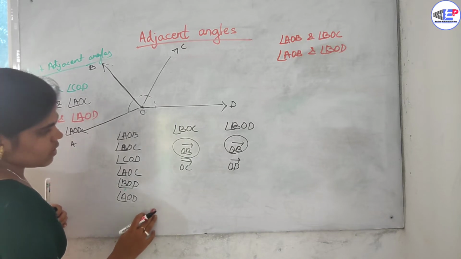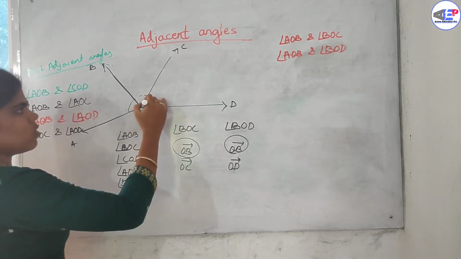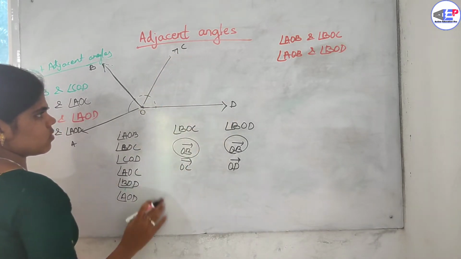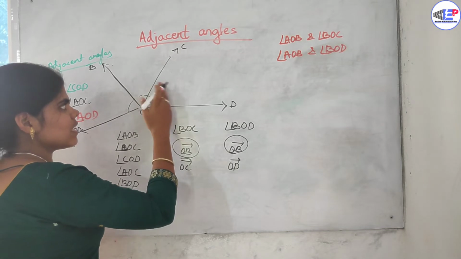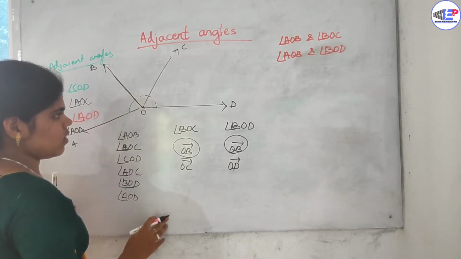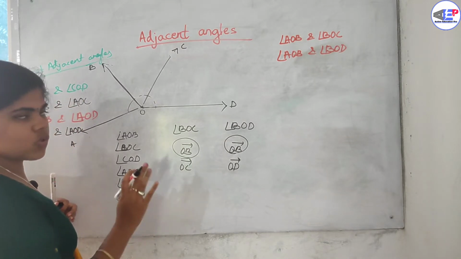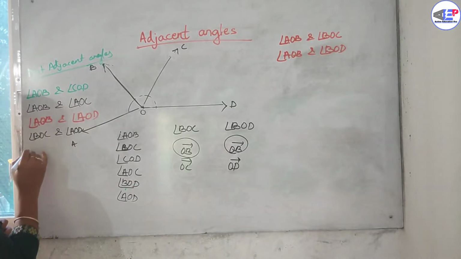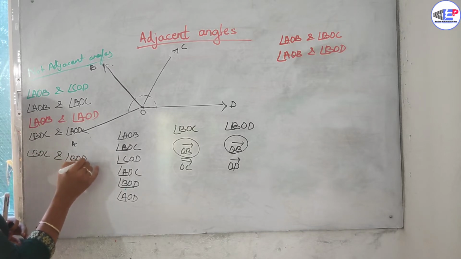The next condition is that the non-common arms OC and OD, look here, are present on a single side of this arm. So these two are not adjacent angles. These two angles are not adjacent angles, and right here this is BOC and BOD.